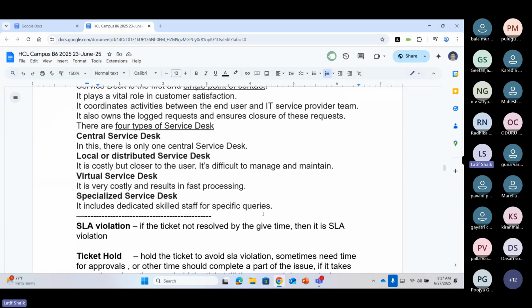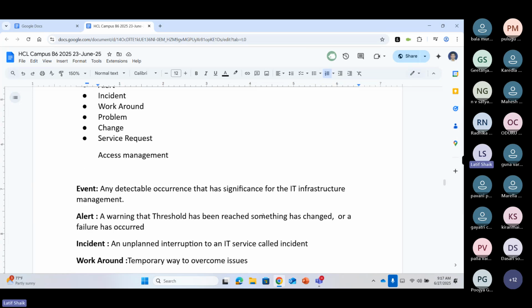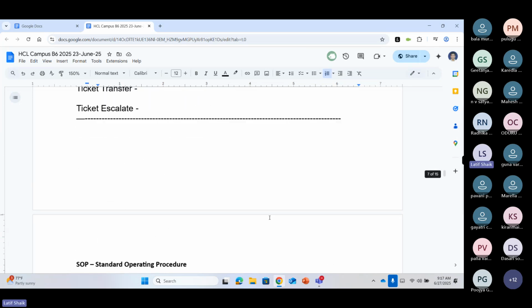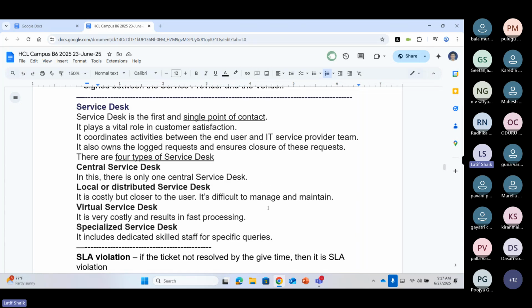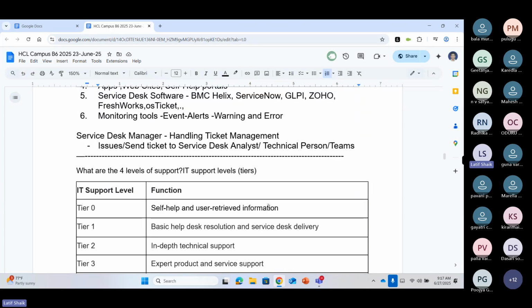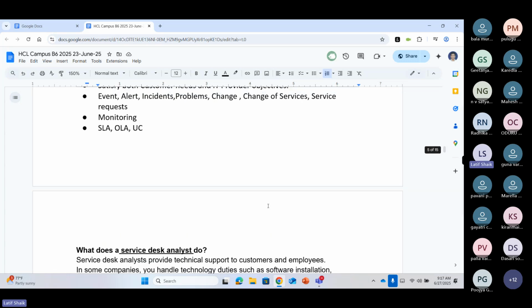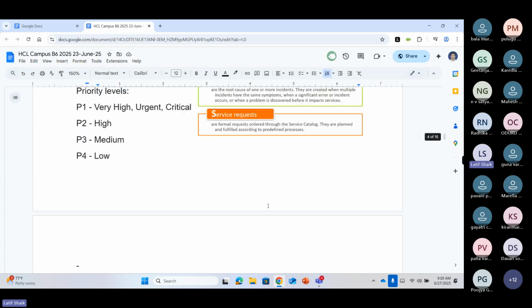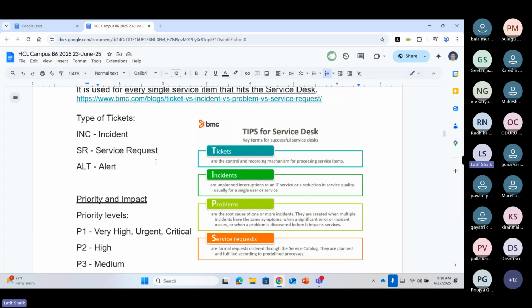And very importantly, what is the difference between an incident and a service request ticket or service ticket? Some people say service request ticket, some people say service ticket, ST or SRT or SR. So don't get confused, guys, about what they are asking. Try to listen carefully and ask them.